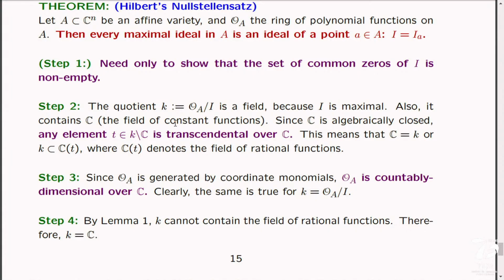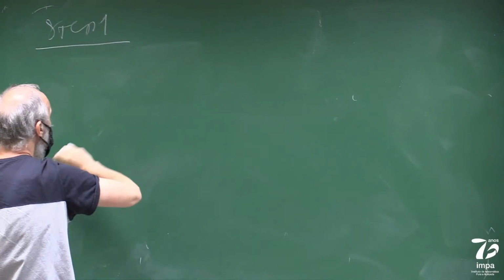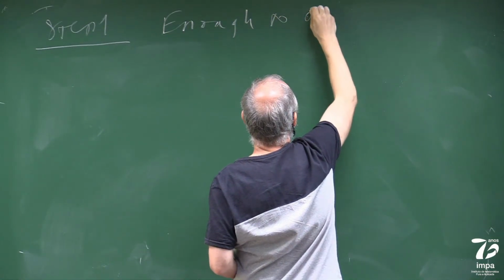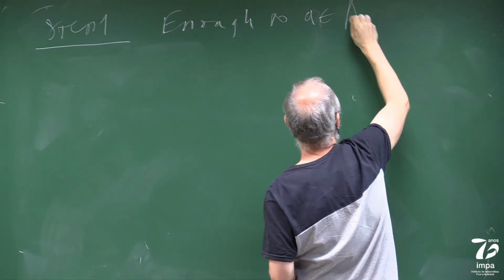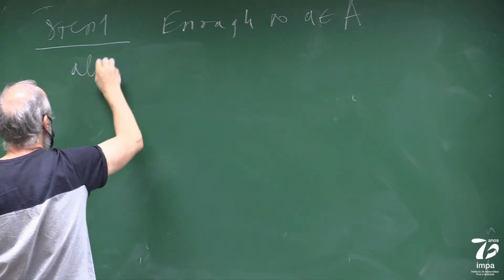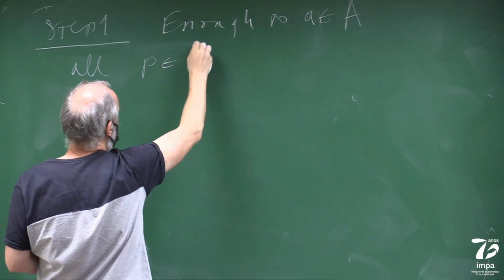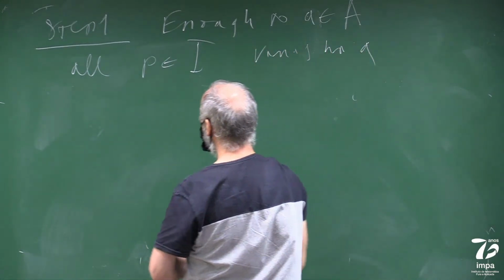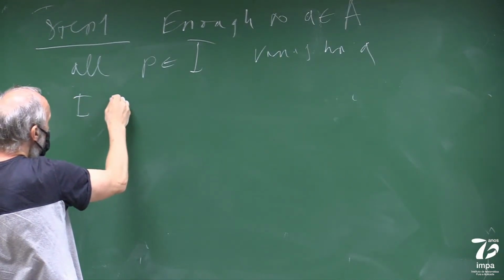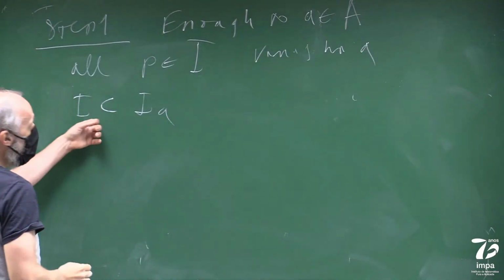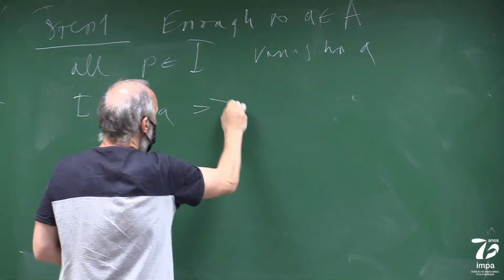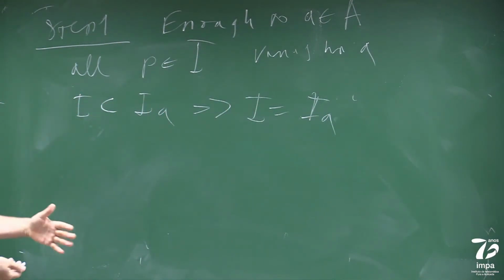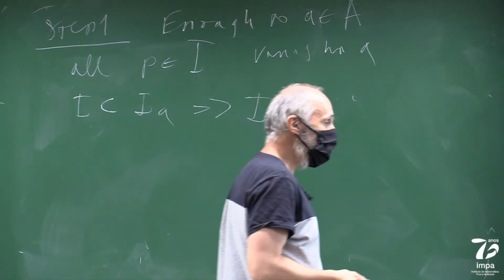So step one: it's enough to find a inside our algebraic set A, such that all P inside this maximal ideal vanish on a. Because in that case, this maximal ideal belongs to I_a. Well, this is maximal, so they're equal. So if we find the common zeros for this ideal, we're done. All we need to find is common zeros.